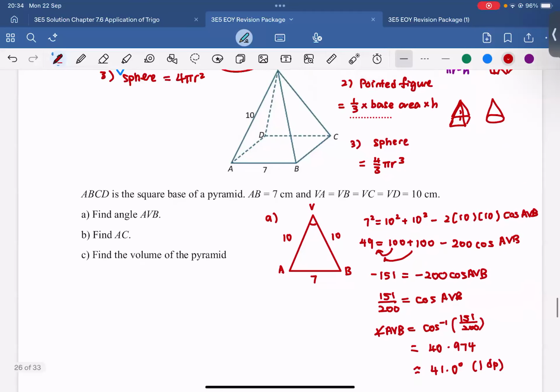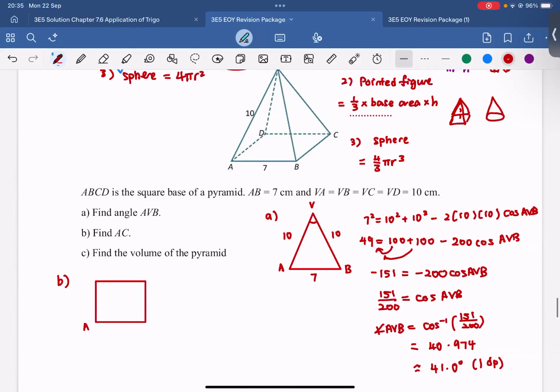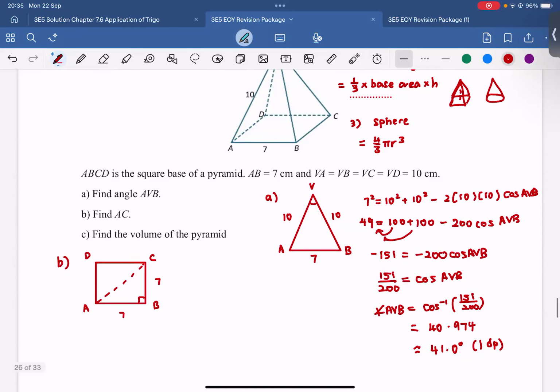Next, find AC. How to find AC? Anybody? This is Pythagoras theorem. So what I would like to do, I draw out my square. A, B, C, D. So you draw out to C. Then we know that this is 7, this is 7. So can you see how to find AC? It's actually very straightforward if you draw the diagram up.